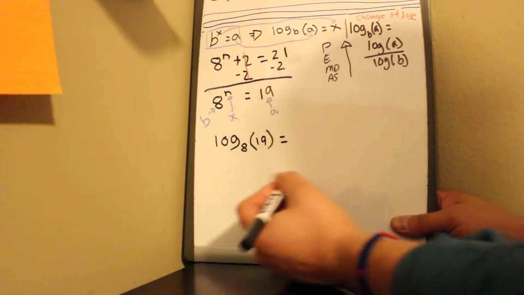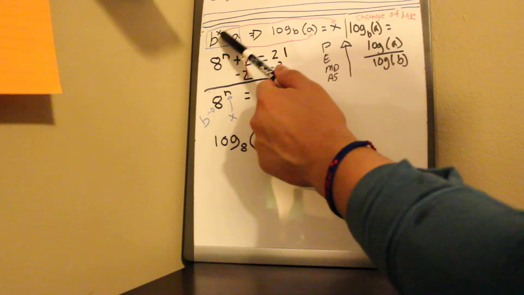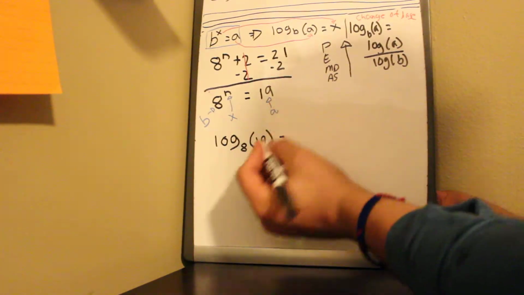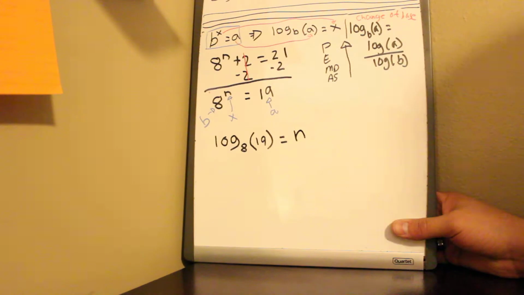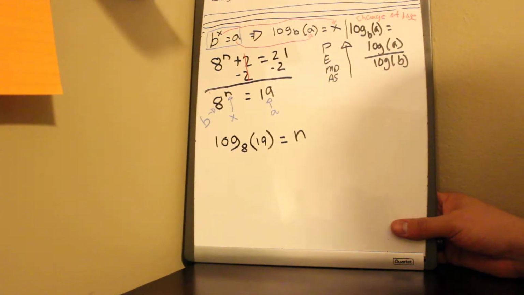And then our input n up here becomes our output. Cool, so I'm almost done now. I finally have used the logarithmic definition to go from exponential to logarithm.